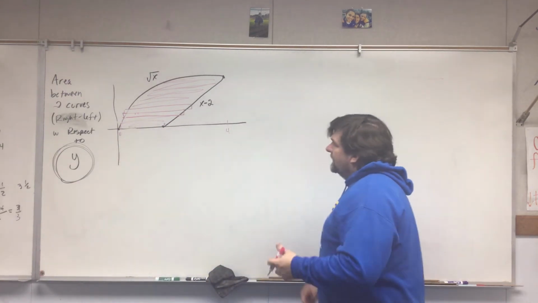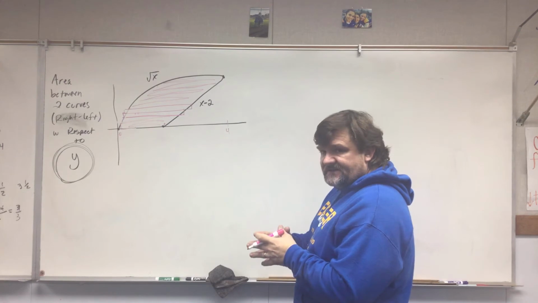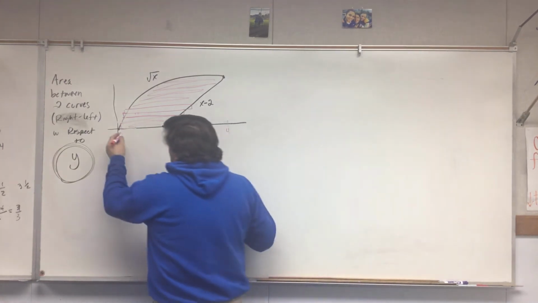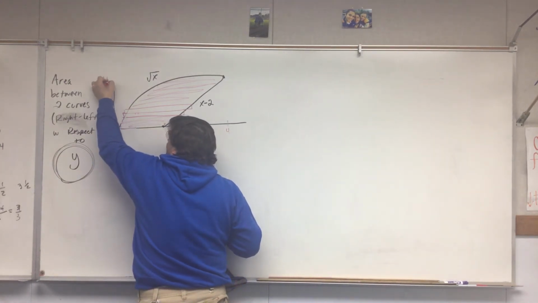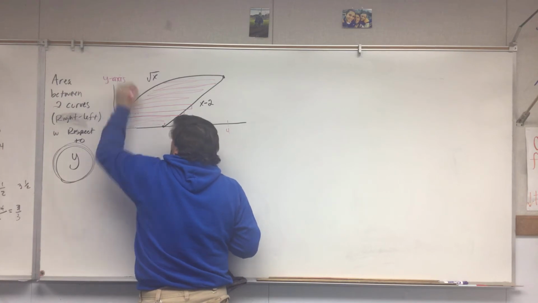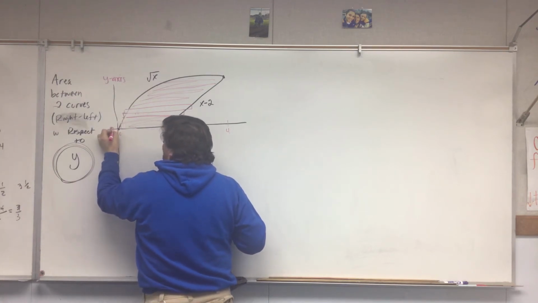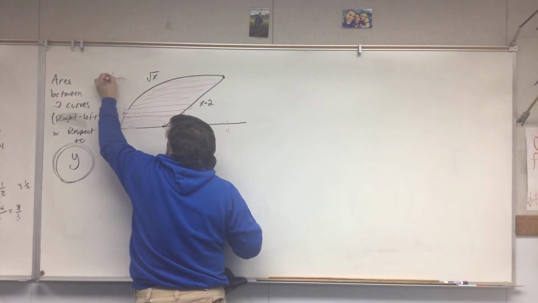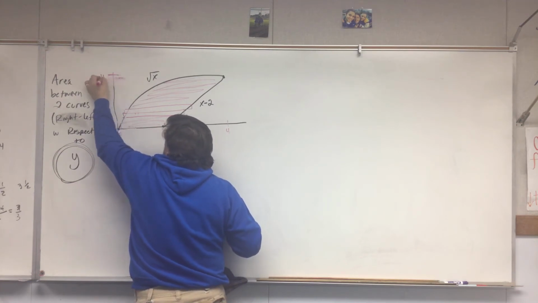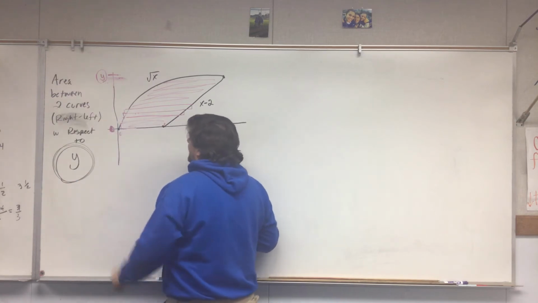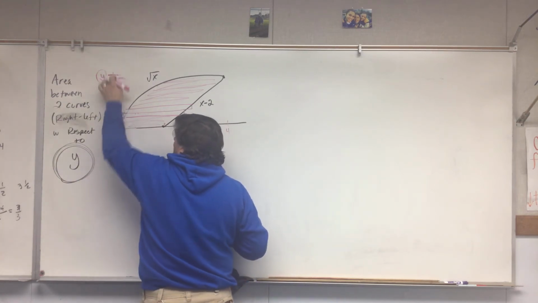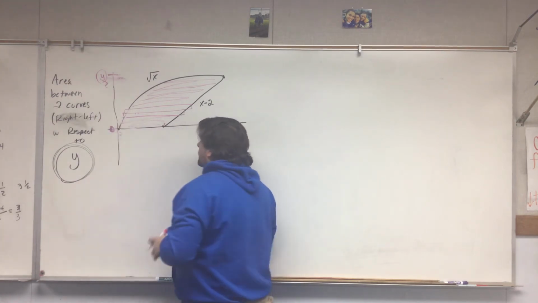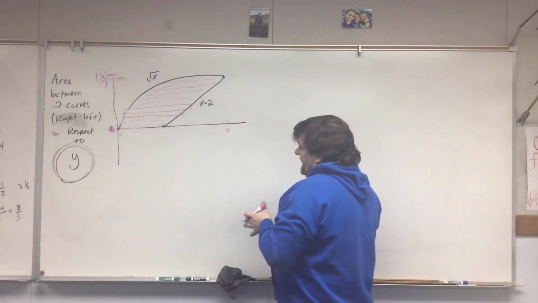So the difference is, though, we have to integrate it along the y-axis. So I need a y value here, and I need the finishing y value up here. Okay? So I've got to integrate from here to here.